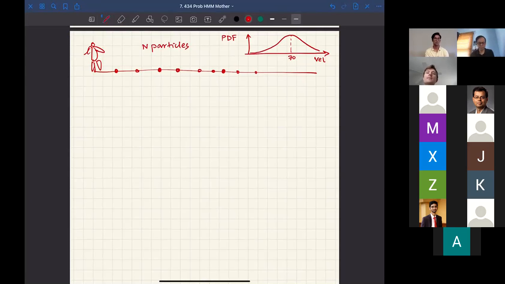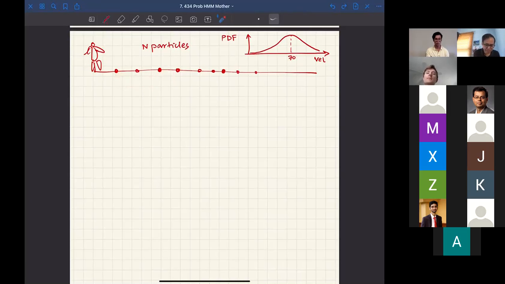Okay. And then I say each particle will propagate, will move based on this velocity distribution. So I take this particle, I take this particle and I say this particle will have some velocity that is sampled from this distribution, let's say 56 miles per hour. If it has 56 miles per hour, it will move over here.